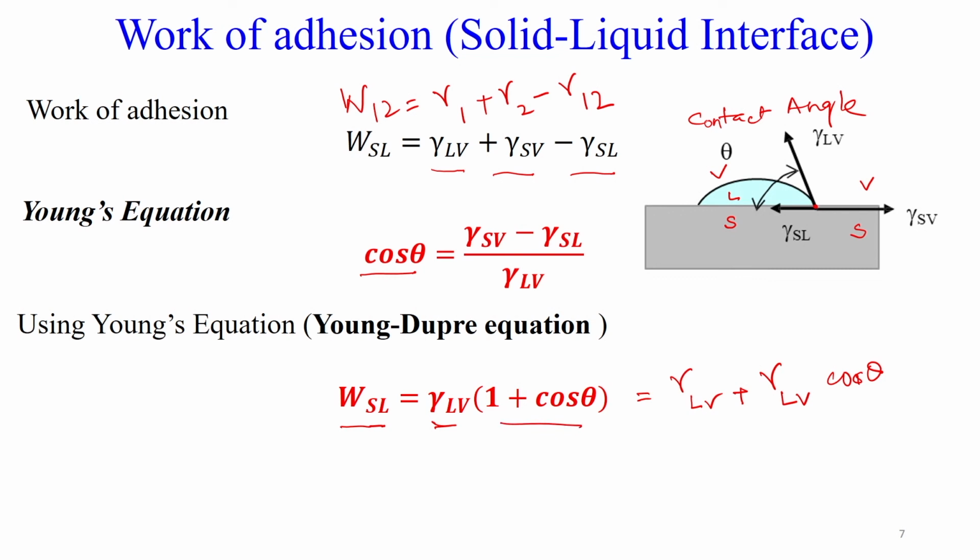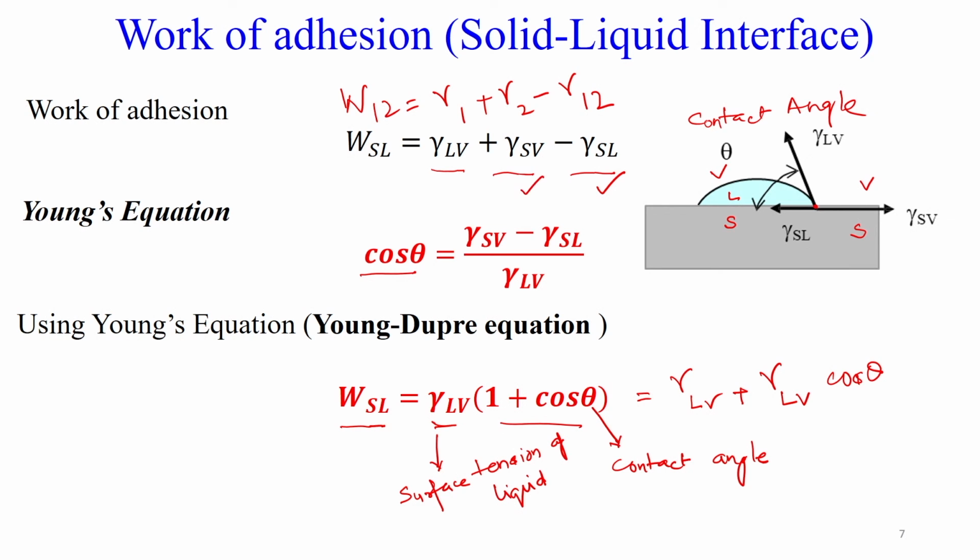What it says is, if you can measure the surface tension of the liquid, and theta is the contact angle, we can calculate the work of adhesion, and from the work of adhesion we can calculate either the interfacial tension or the surface tension of the solid.